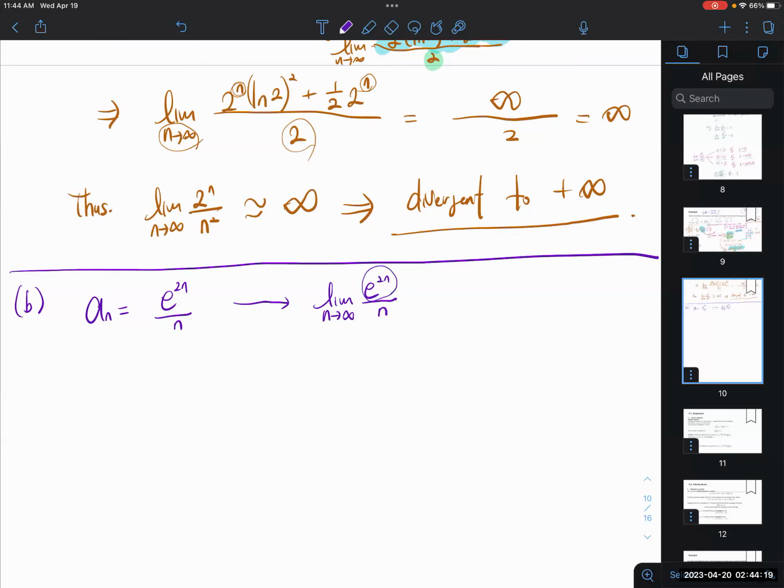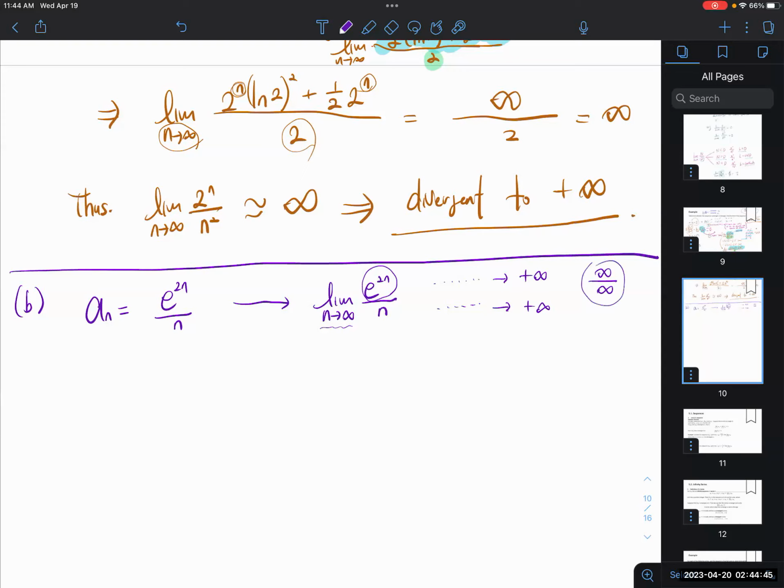As n increases, they're getting larger and larger. e^2, e^4, getting larger and larger. So this is going to be infinity. How about the denominator? n is 1, 2, 3, 4, 5, as n increases, it increases too. This is infinity over infinity.